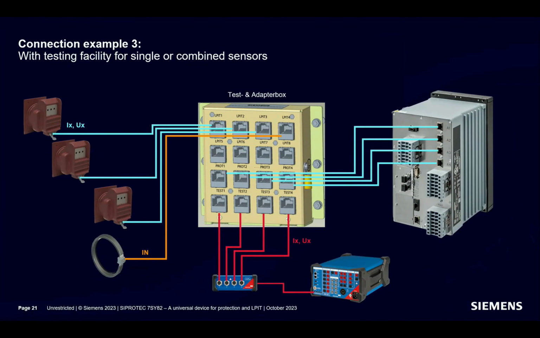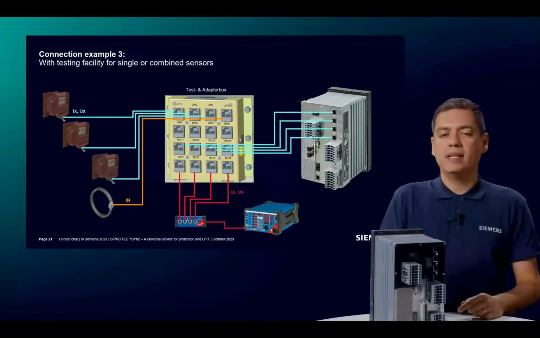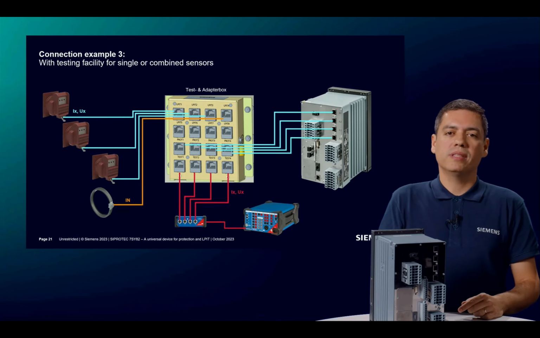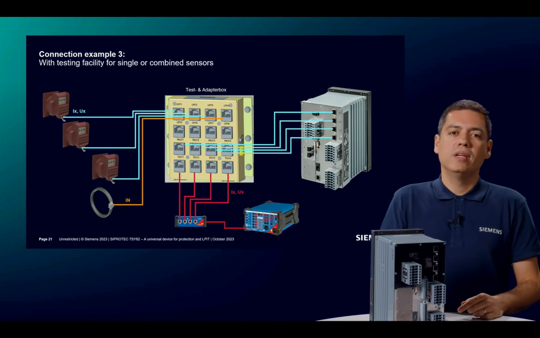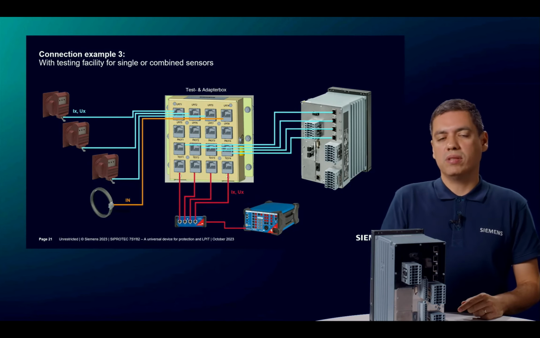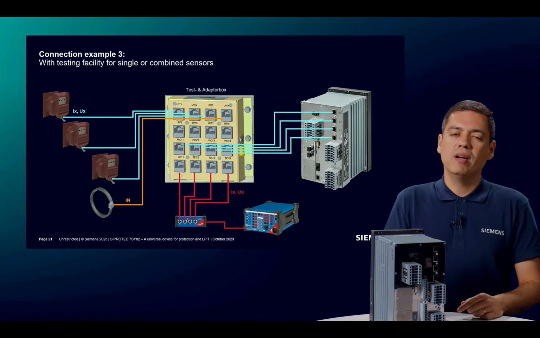Thus, to test the 7SY82, the supply lines of the sensors would not have to be disconnected from the device, and the supply lines of the test device would not have to be plugged into the device. In brief, the test device uses the 4th line of the adapter box to couple the test signals without having to touch the connections of the sensors to the box, or the connection from the box to the protection device for testing. This makes testing the 7SY82 very easy.